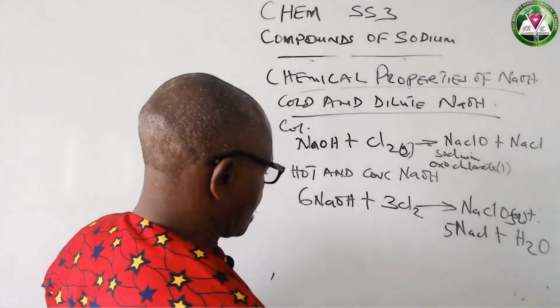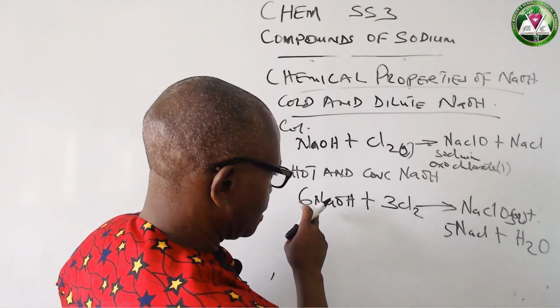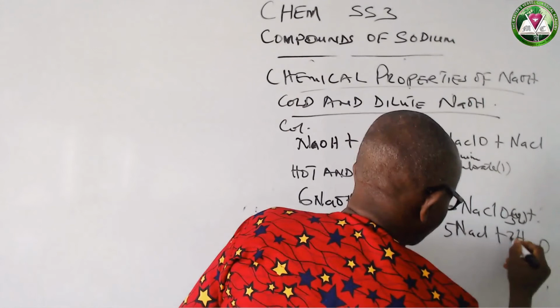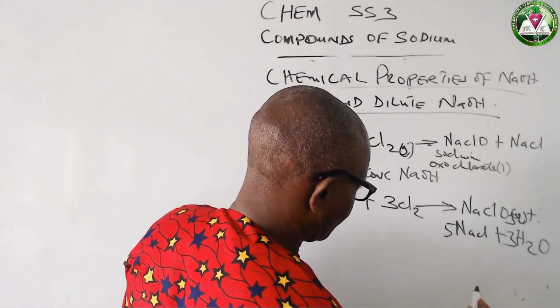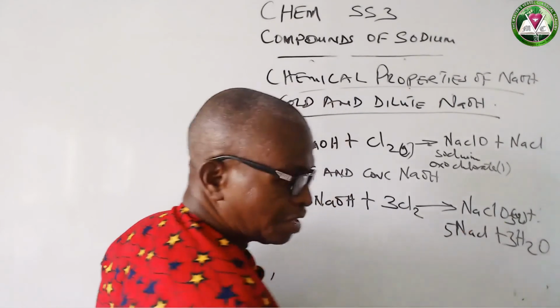Let's look at how we will balance the equation. Since there are 6 moles here, hydrogen will be 6, therefore you put 3 here. Chlorine here is 6; chlorine here is 5 plus 1, 6.